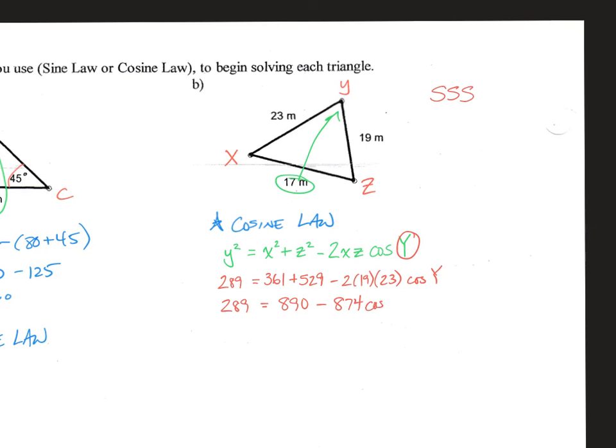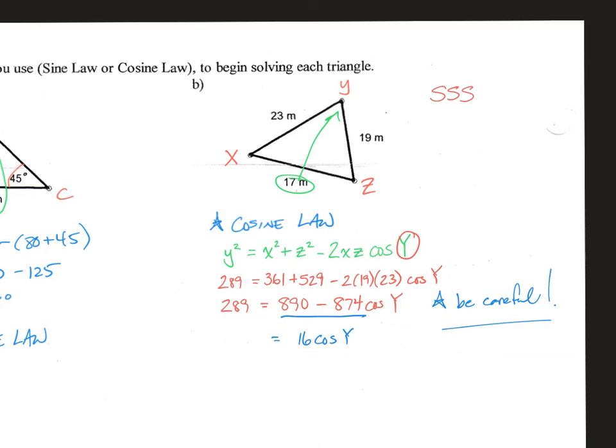We get to a very dangerous point, and I'd like everybody in their solution to just put down here right now, be careful. Because a real common mistake is to go and take 890 and subtract 874. When you do that, we're going to come in with 16 cos y.